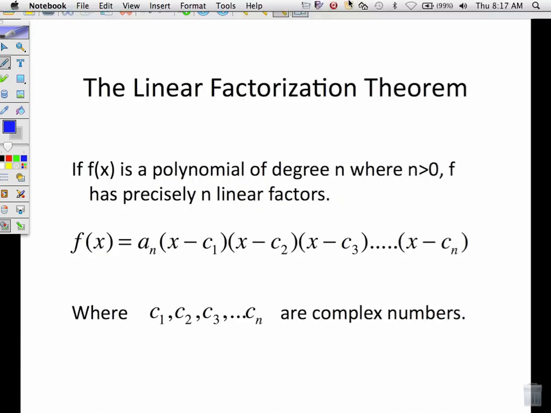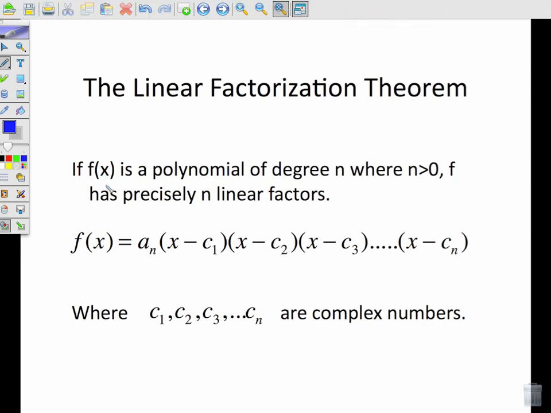All right, first of all, we also have the linear factorization theorem, and it says if f of x is a polynomial with a degree n where n is greater than 0, then f has precisely n factors. And we've already established this. Your degree tells you how many solutions or how many factors your polynomial is going to have.